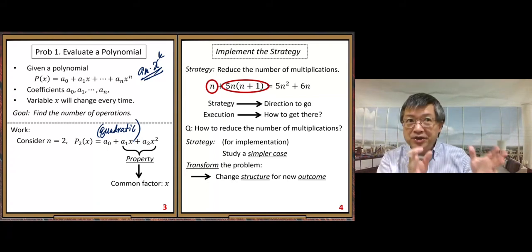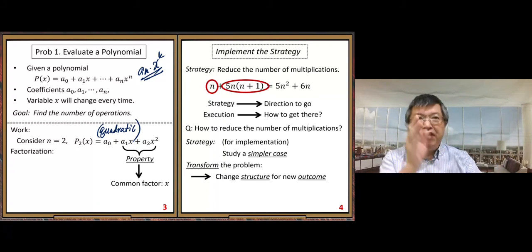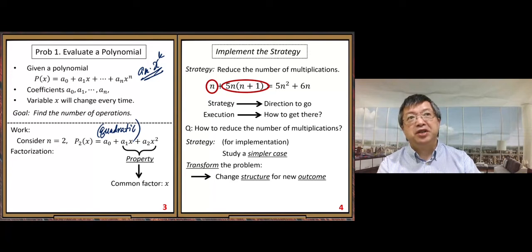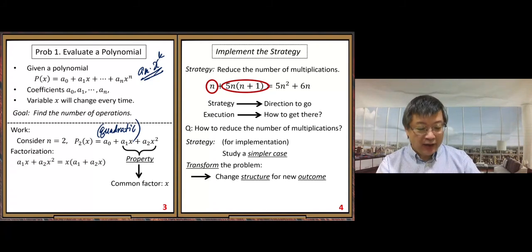How? Let me use this example to show you. Factorization. Because if you have a common factor, you can do factorization. That's pretty easy, but that helps us transform the problem.